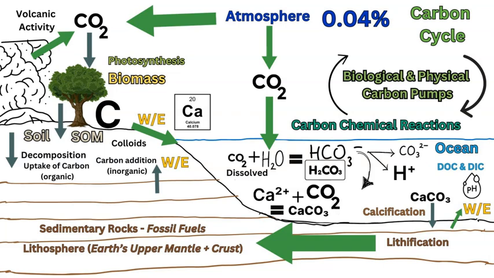So the soil contains carbon through organic material or organic matter, SOM, and this can be between 10 to 30% of the soil, both in the topsoil, which includes the O and the A horizon.